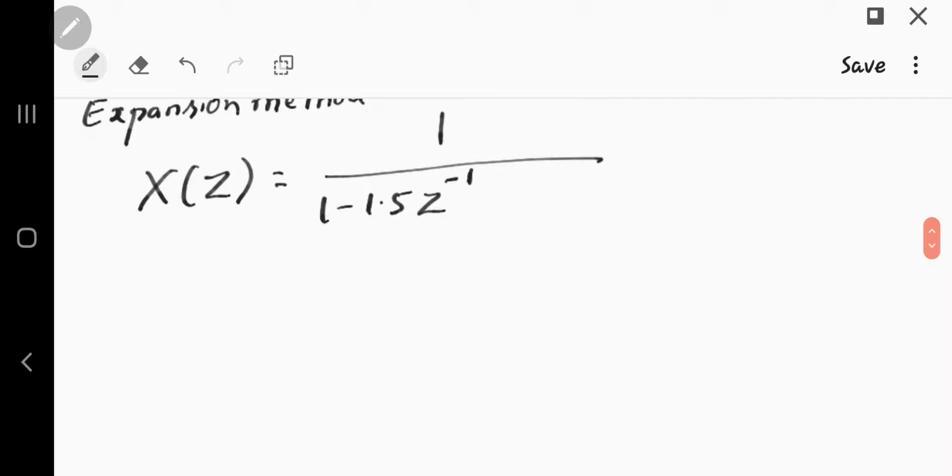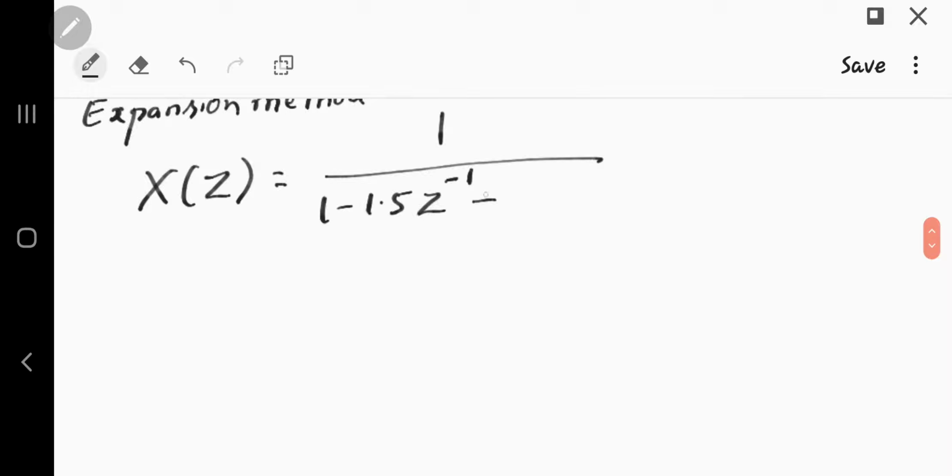So given x of z is equal to 1 divided by 1 minus 1.5 z inverse. If it is given in fraction, better to convert the fraction into decimals, it will be easier for you to perform long division.